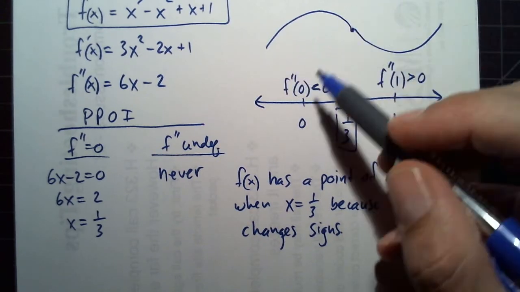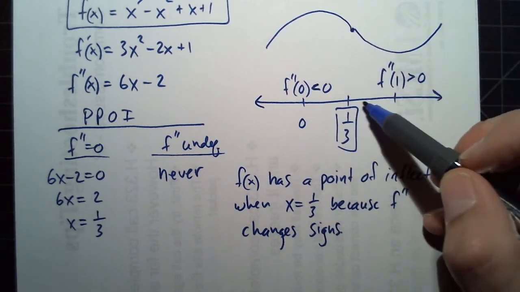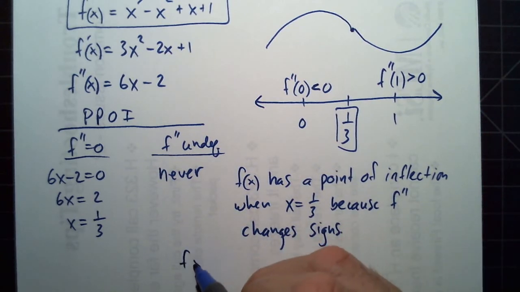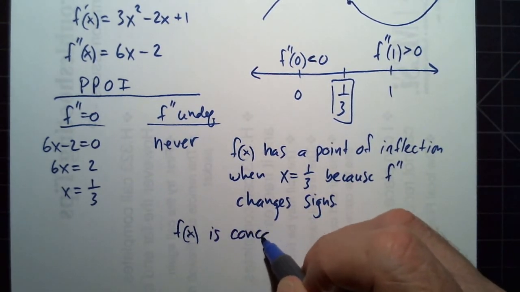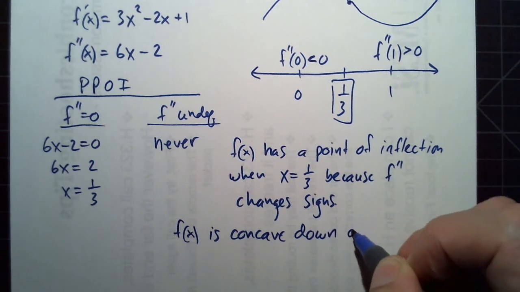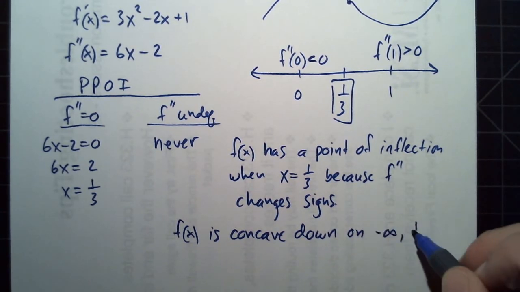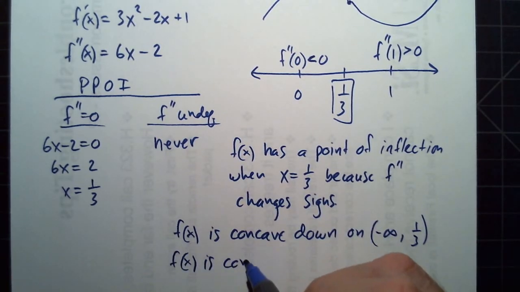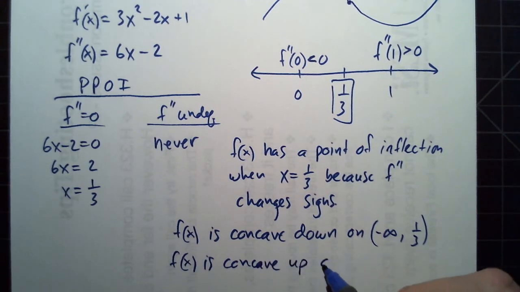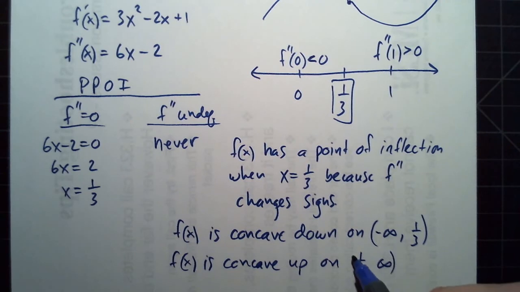So here we have negative curvature on this interval, we have positive curvature on this interval, and we can say f of x. Okay, so that's concavity and points of inflection.